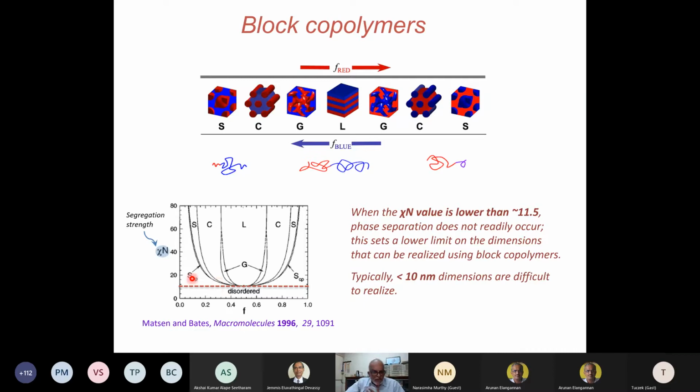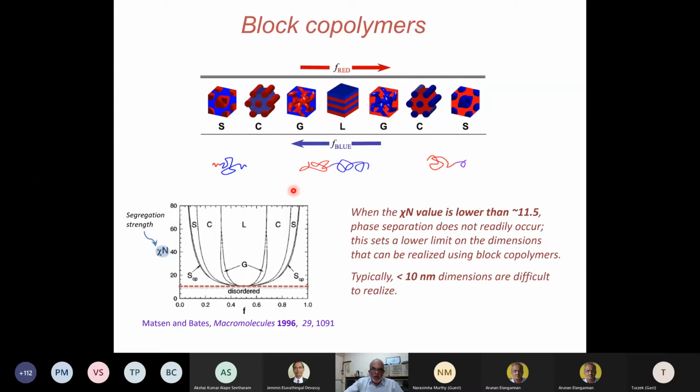One of the important parameters that govern the nature of this phase separation is the segregation strength, which is simply chi N, where chi is the Flory-Huggins interaction parameter and N is the size of the macromolecule. And chi is intrinsically dependent on the structural features of the blue and red block.